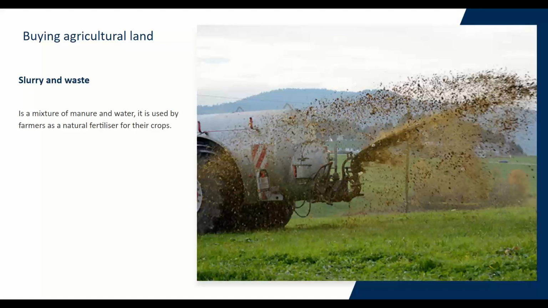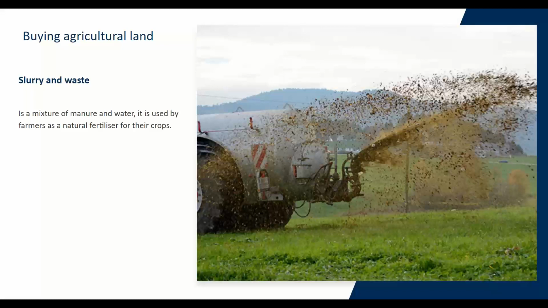Now, the Water Resources Regulations 2010 state the requirements for slurry storage systems. Again, there's a lot of these overarching regulations that we all have to adhere to when it comes to agricultural land.